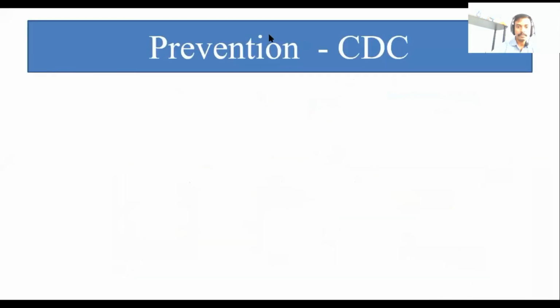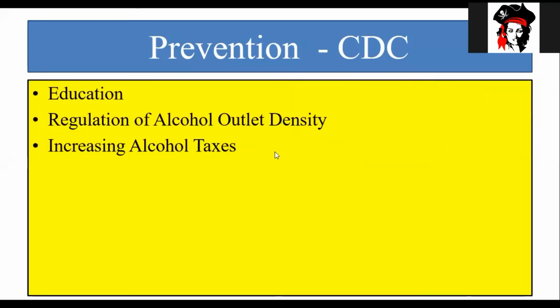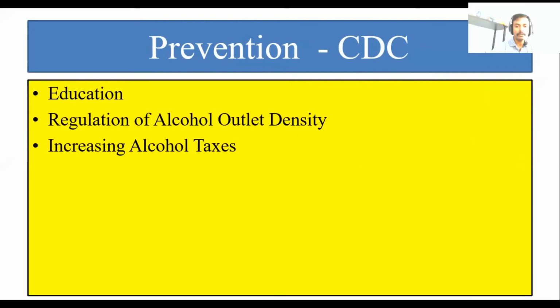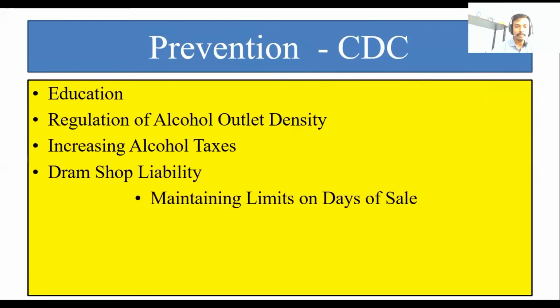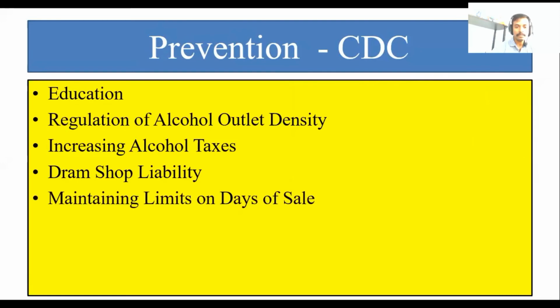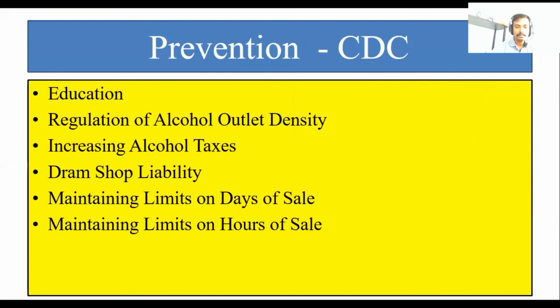Then prevention, CDC methods. CDC means Centers for Disease Control and Prevention, which said that education is the first method. Then regulation of alcohol outlet density, increase alcohol taxes, dram shop liability, maintain limits on days of sales, maintain limits on hours of sale, which means days means in one week only 2 or 3 days selling alcohol.